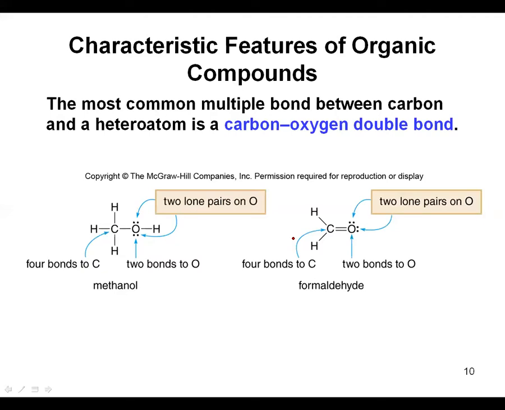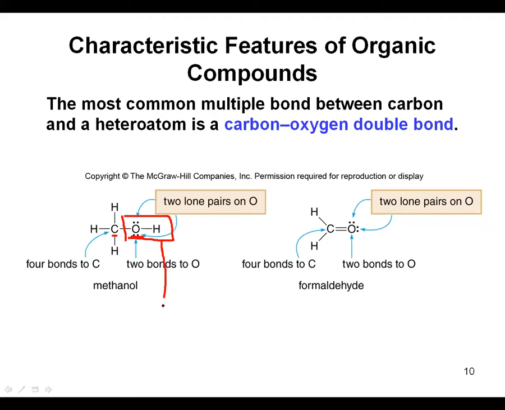The most common kind of hetero atom that you could have is the carbon-oxygen bond. Hetero means, just like it means with heterogeneous, you see 2 different things, 2 different phases. So in a hetero atom, we have some other element bound to carbon. In this case, it's the carbon-oxygen bond. And again, you can see this is a very common group that we see in organic chemistry.